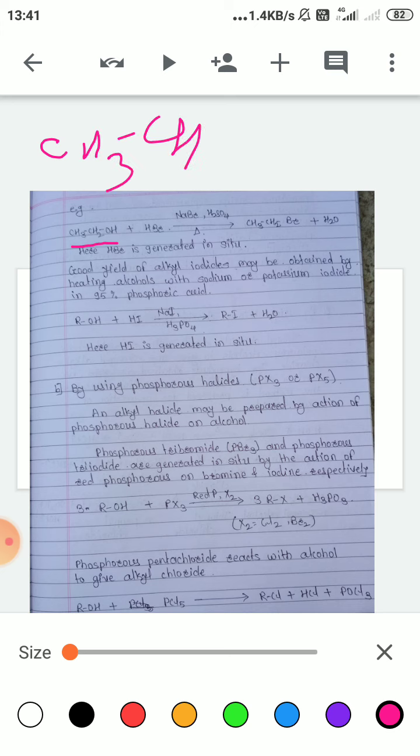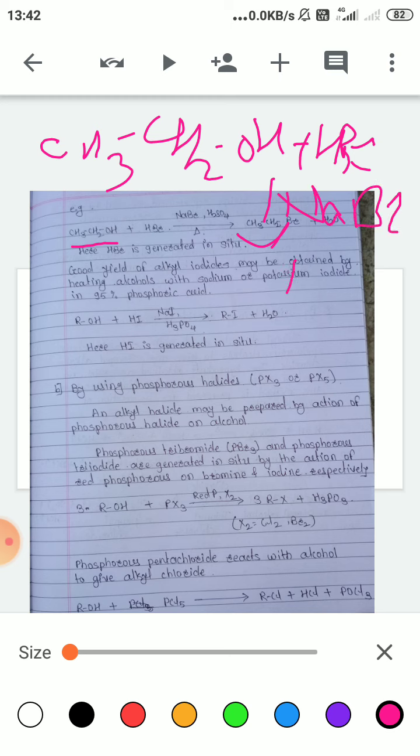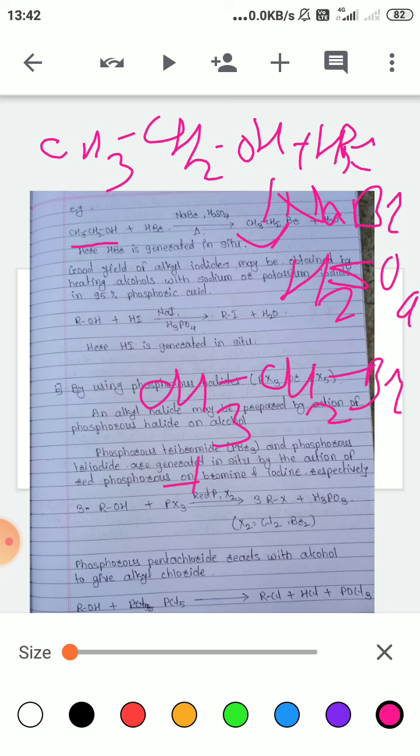CH3CH2OH plus HBr in presence of sodium bromide and H2SO4, sulfuric acid, gives CH3CH2Br plus a water molecule.